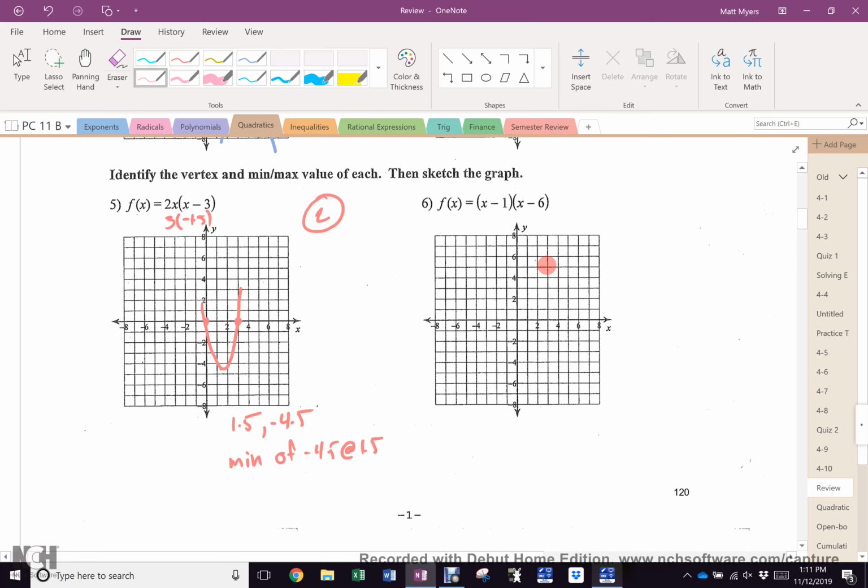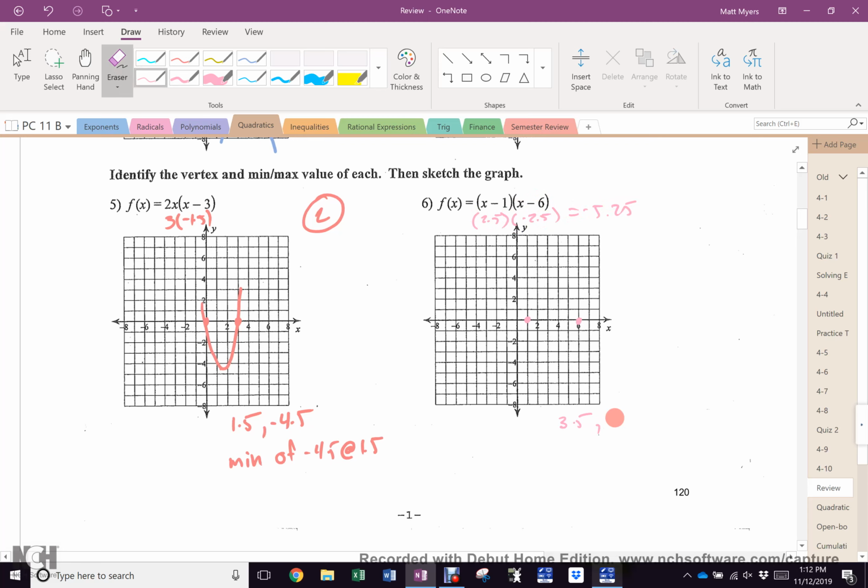This one is 6 and 1. Oh, sorry, 6 and 1. Halfway between 6 and 1 is 3.5. 3.5 minus 1 is 2.5. 3.5 minus 6 is negative 2.5. 2.5 times negative 2.5 is negative 5.25.